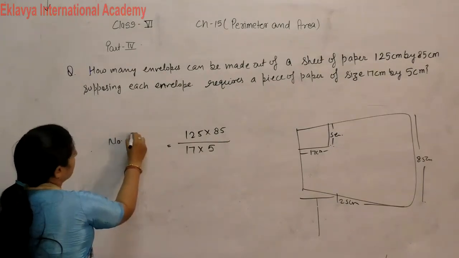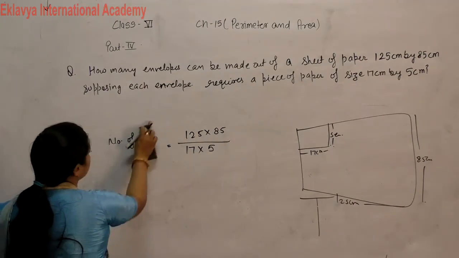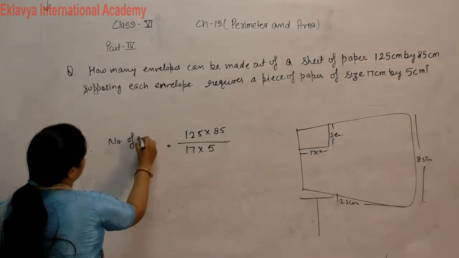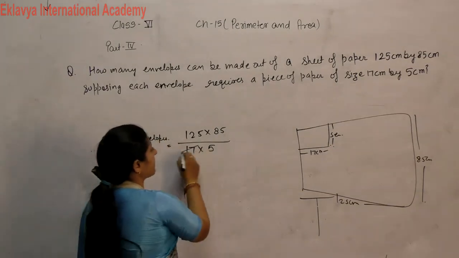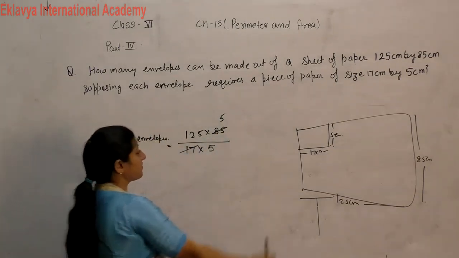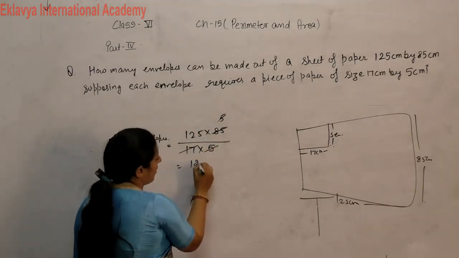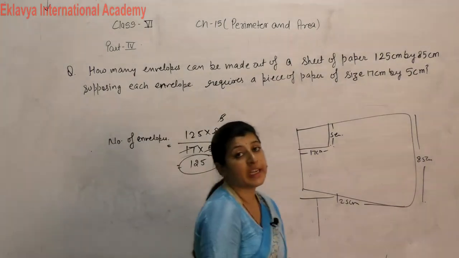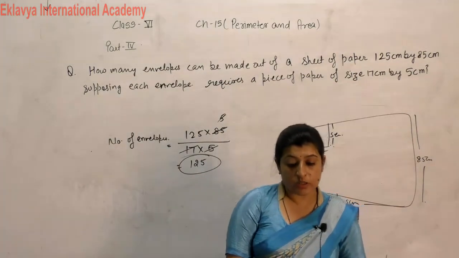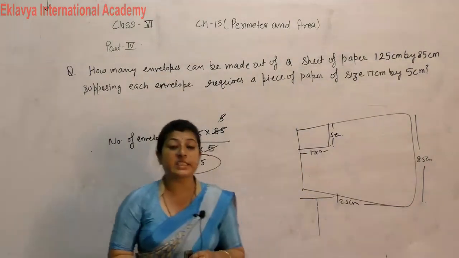Then find out number of envelopes. 17 5s are 85, 5 to 5 cancel. So you can do all these types of questions.